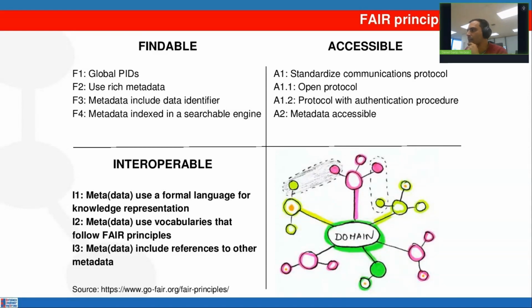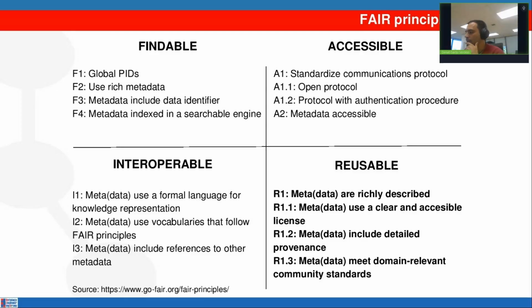And finally, it's the reusability part, which comes into the fact that the metadata of the dataset has to be properly described, that the dataset has to have some certain documentation, that the license of the metadata and the license of the data should be clear, because otherwise I don't even know whether I can reuse it for my application or study, and that the metadata meets domain relevant community standards.